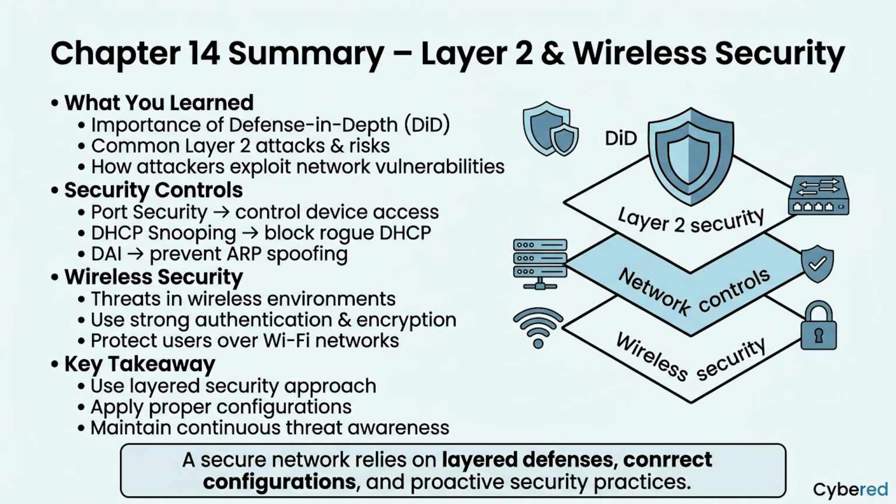You also learned how to implement key layer 2 security controls on Cisco switches, such as port security, DHCP snooping, and DAI to prevent and mitigate attacks. Finally, you covered wireless security threats and the importance of using strong authentication and encryption methods to protect wireless networks. A secure network requires layered protection, proper configurations, and continuous awareness of threats.